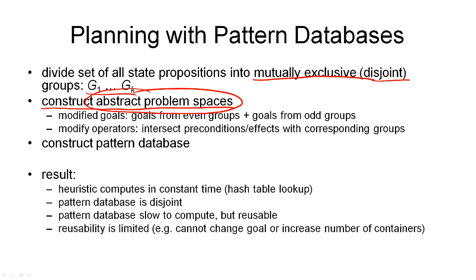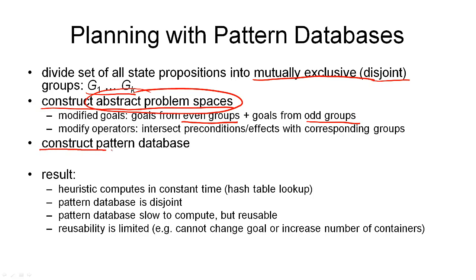So what we do is simply modify the goal by taking, on the one hand, the goals from the even groups, and on the other, the goals from the odd groups. And similarly, for the operators, we intersect their preconditions and effects with the corresponding groups. This gives us our abstract problem spaces, and now we can construct our pattern databases.